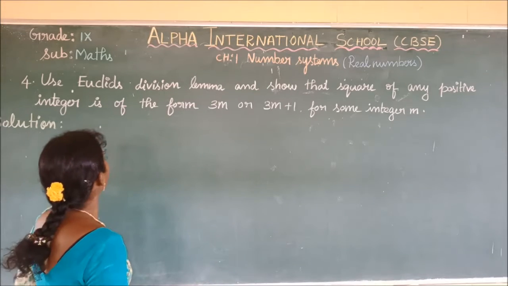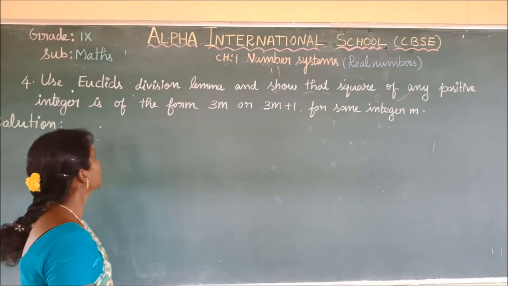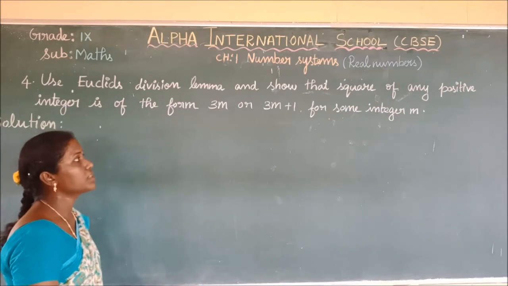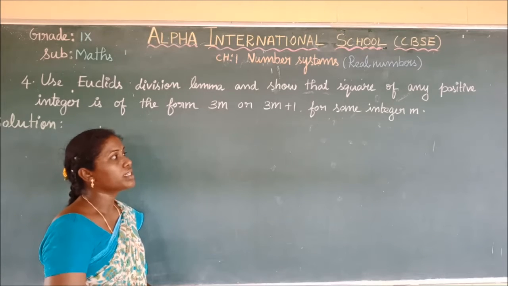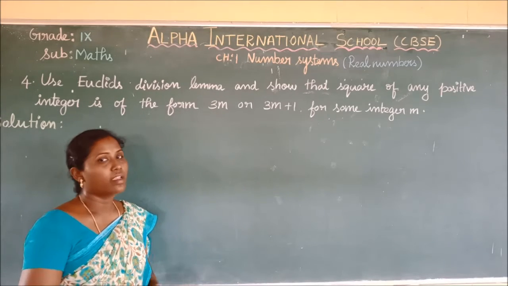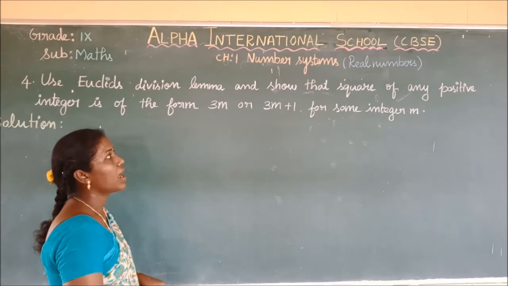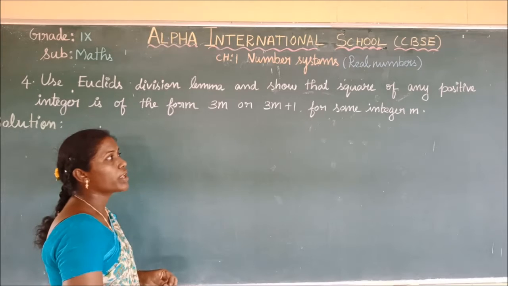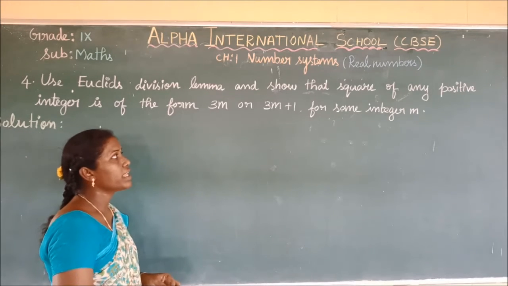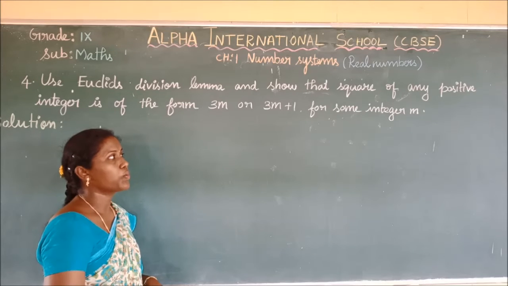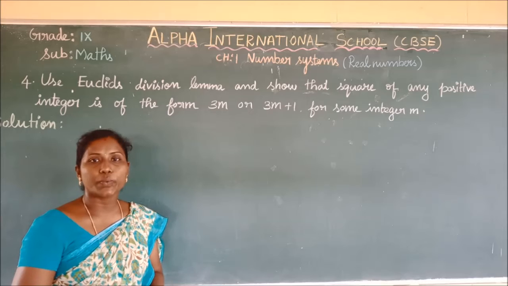Use Euclid's division lemma and show that the square of any positive integer is of the form 3m or 3m plus 1 for some integer m. I will repeat the question. What is given in the question?